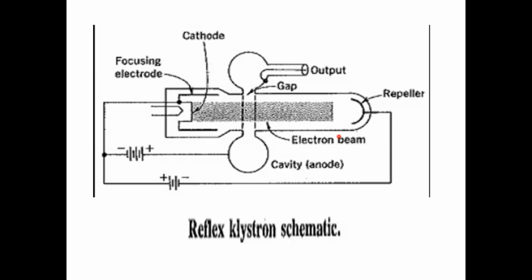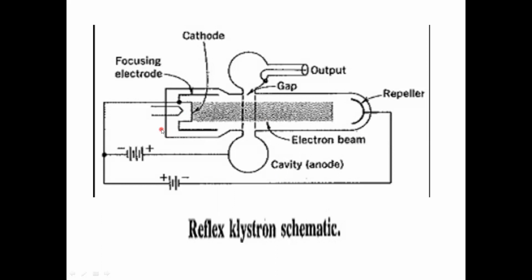On screen you are watching the reflex klystron. When the electron beam is accelerated towards the anode cavity, after the gap the electrons travel towards the repeller electrode, which is at a very high negative potential.